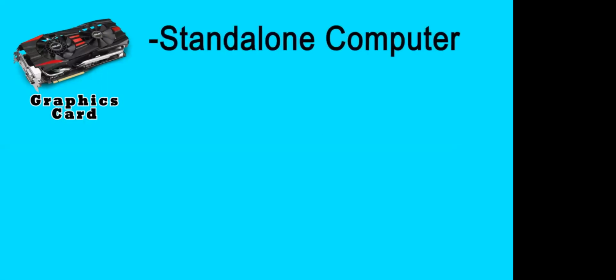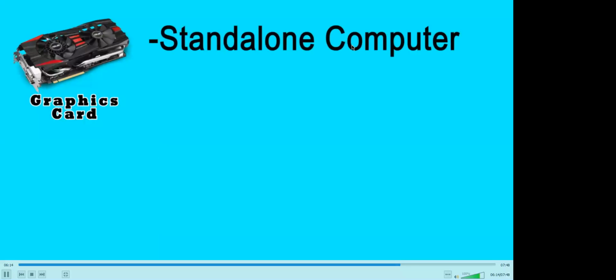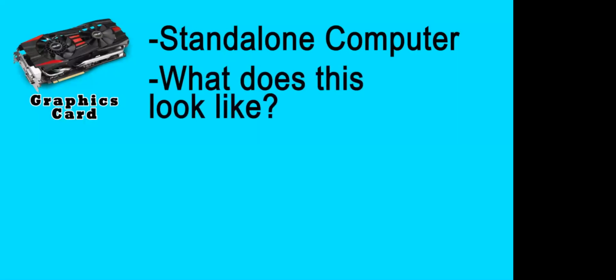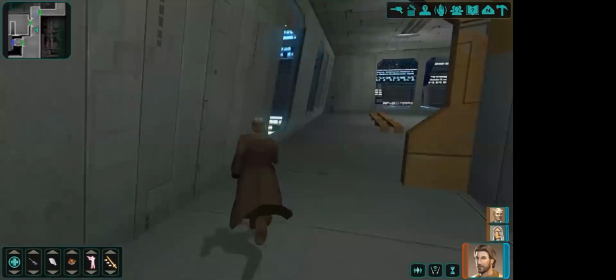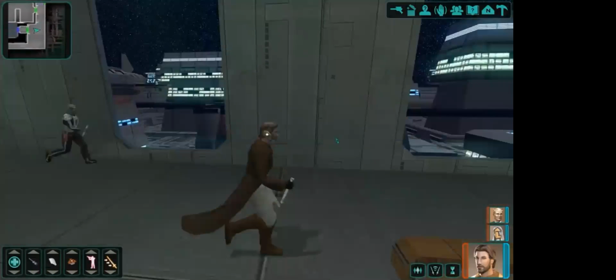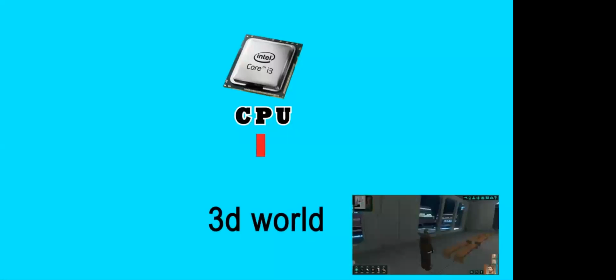Your graphics card is essentially an entire computer in and of itself, dedicated to the simple task of figuring out what pixels need to light up on your screen, in what color, and at what time. If you were playing a game that had a very busy and high texture world with lots of models and different angles and colors, your CPU is the thing that creates that world.